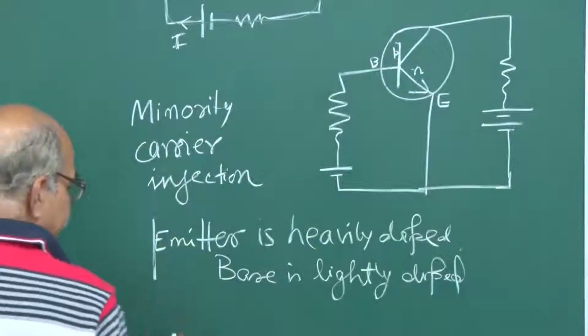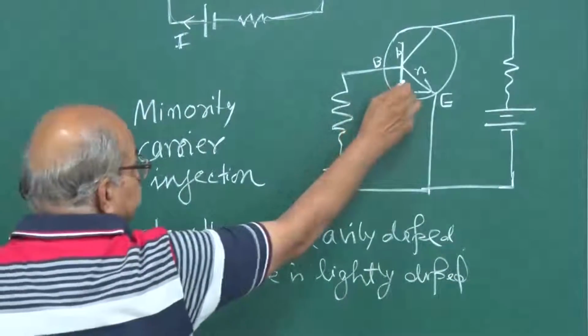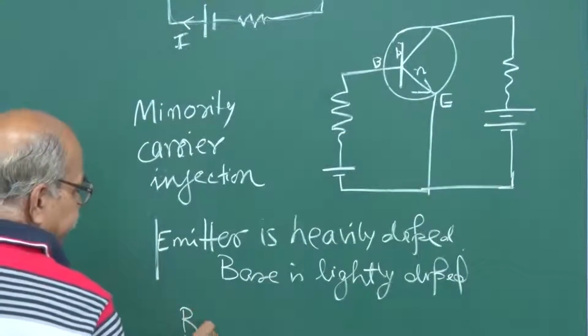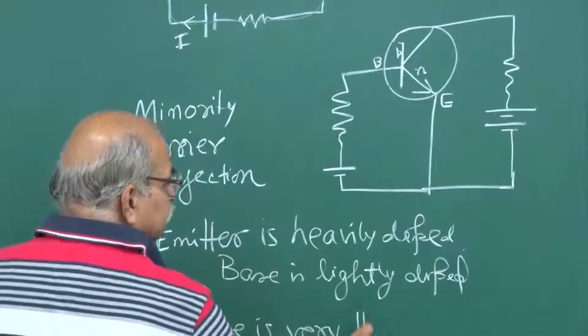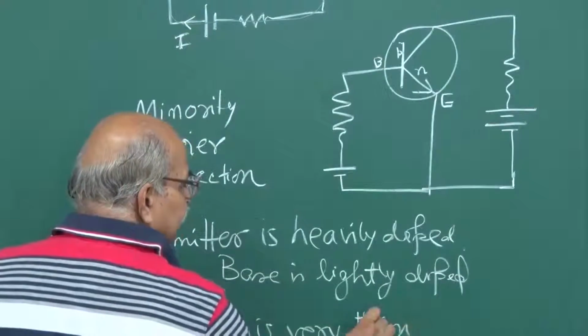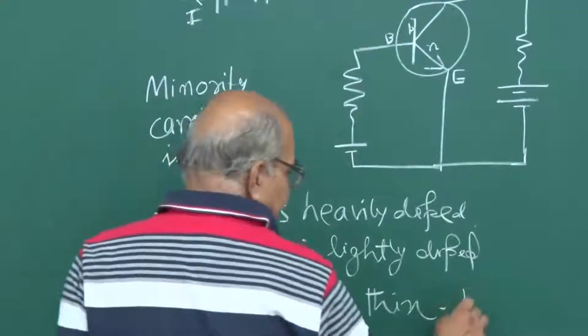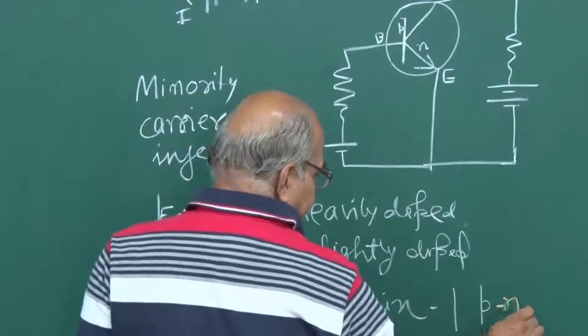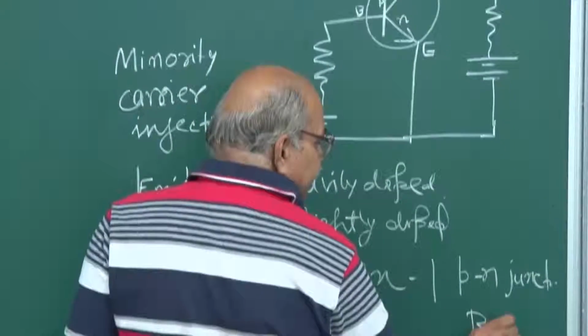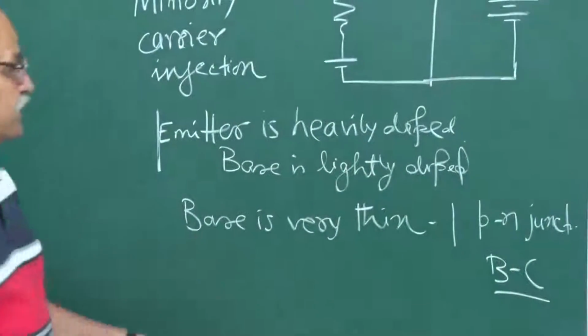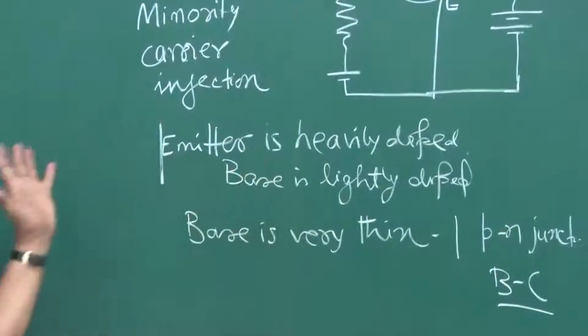And the other thing is this base is very thin. And after that you have this another PN junction. Which PN junction? Base collector. Base collector junction is right there.